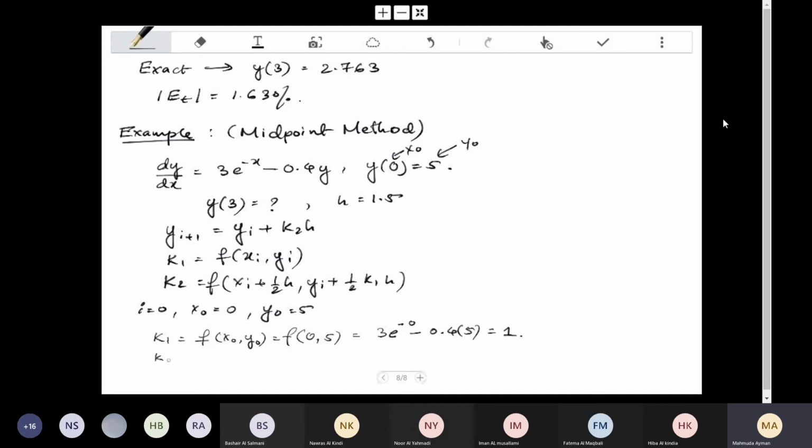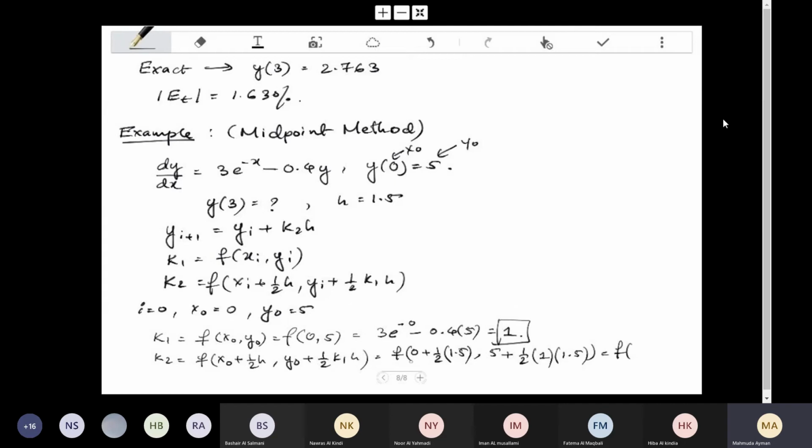And for k2 we'll have the function at x0 plus half times h, comma, y0 plus half times k1 times h.